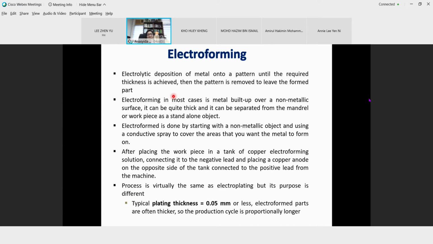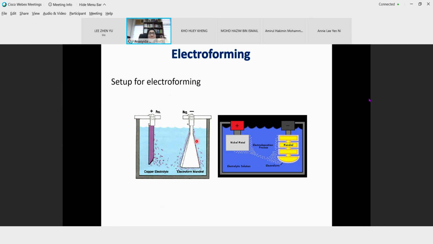So when you perform the electroplating, the ions, the atoms that you want to coat will deposit on this mandrel. Okay, easier now, can you see here? So this is your mandrel. You want your part to be this shape. So what happens here, you have metals that you're going to deposit on this. First, we have to spray, same as electroplating.